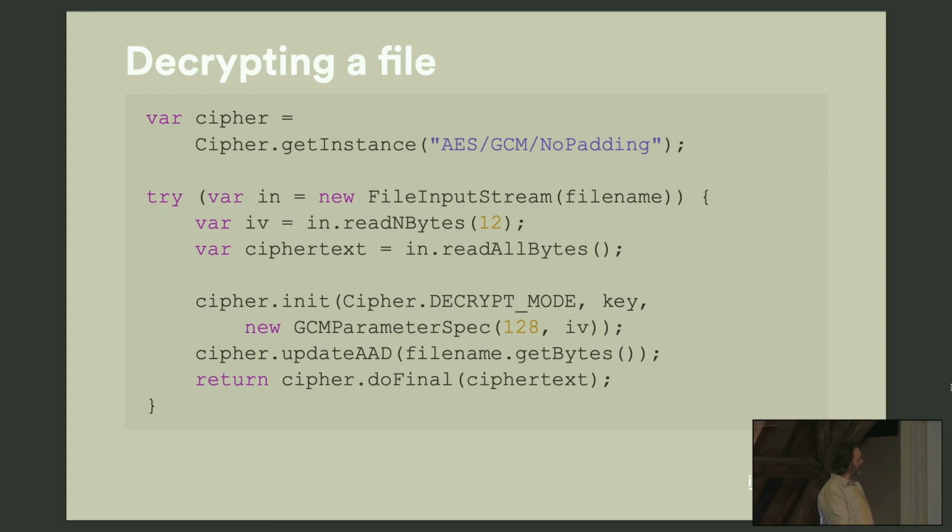Another pitfall here is that when I initialize the cipher here, I have to initialize it in decrypt mode. But a quirk of GCM or lots of these modes is that encryption and decryption is the same operation. So if I accidentally copy and paste this code, because it's lots of code from the encryption thing, and I leave that saying encrypt mode there, it will still work. It will still decrypt all of my data, but what it won't do is verify the authentication tag on the end of that data.